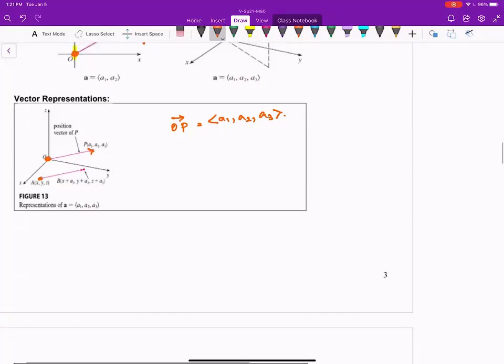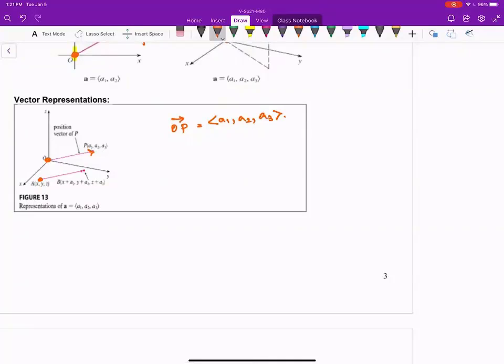You can start the vector at a different point, as long as the length and the direction of the vector are maintained. Then these two vectors, the vector OP and the vector AB, are one and the same, or considered equivalent vectors.